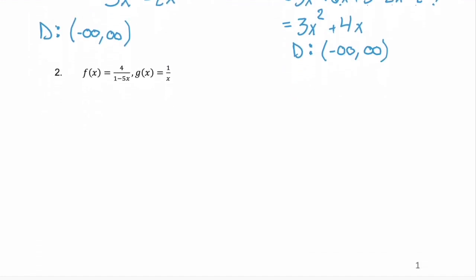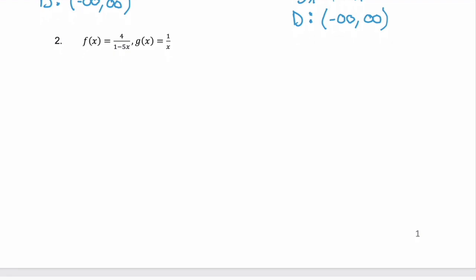Let's look at a little more complex of a composition. Here we have some fractions. So first we're going to find f of g of x. Remember, we're looking at our f function, and every place we have an x, we need to substitute in our g function.